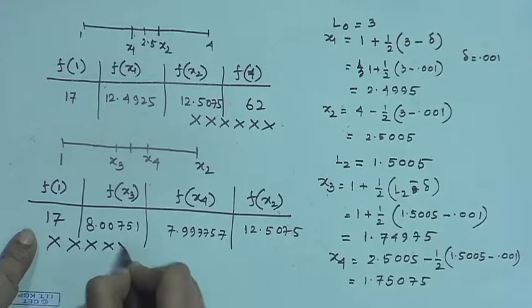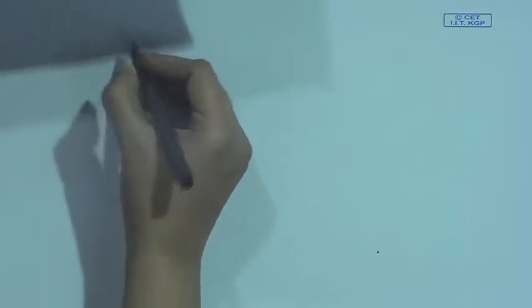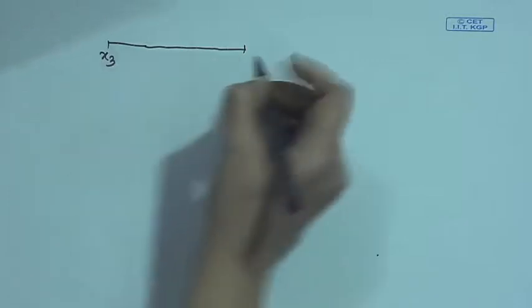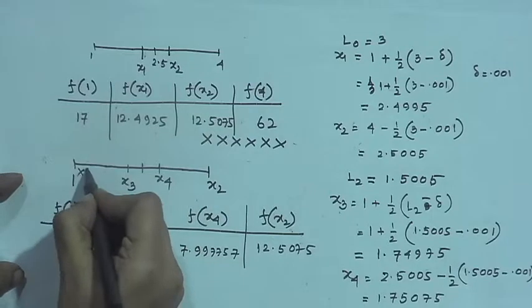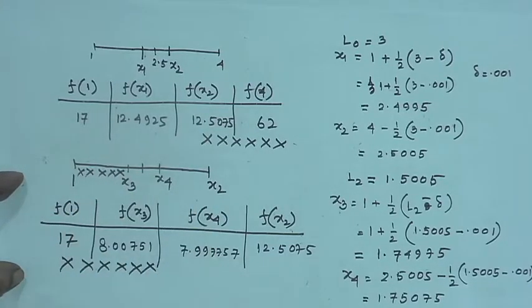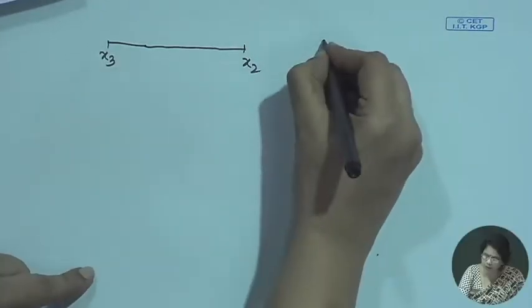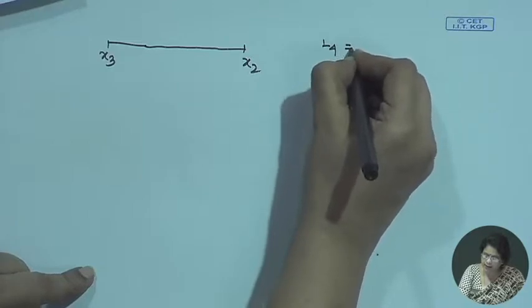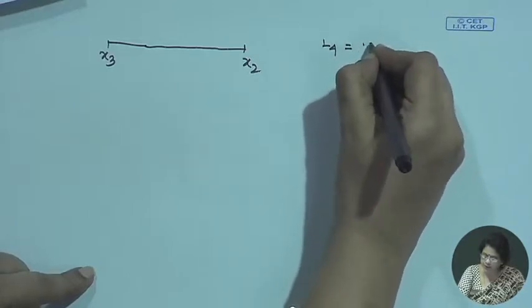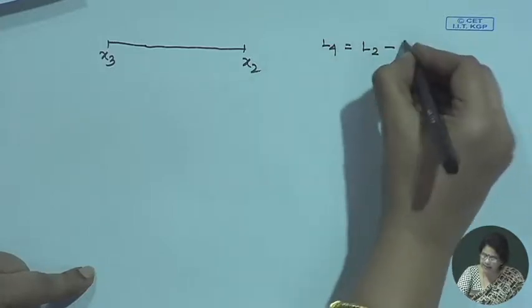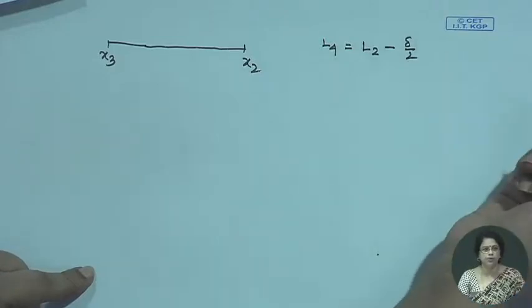We are getting another interval of uncertainty from x3 to x2, because we are discarding x3 to x4 portion. That is why we get the new interval of uncertainty L4, which, if you calculate, is L2 minus delta by 2.